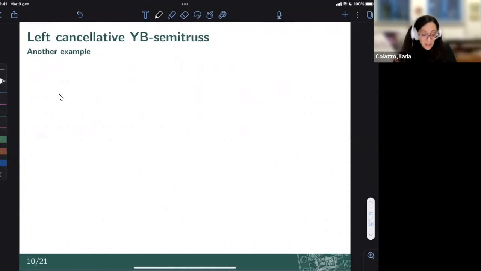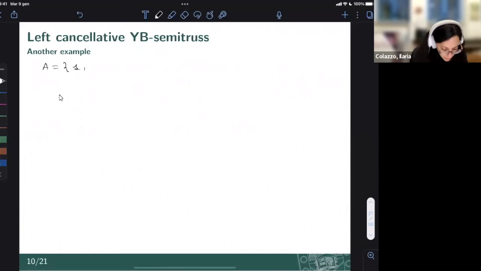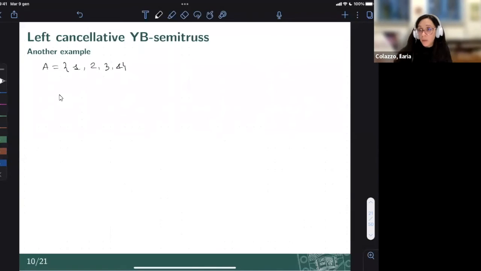The answer is yes. I want to give you a very easy example just to convince you that this is the case. So consider a set of 4 elements that we call 1, 2, 3, 4. And then we want a left cancellative semigroup.